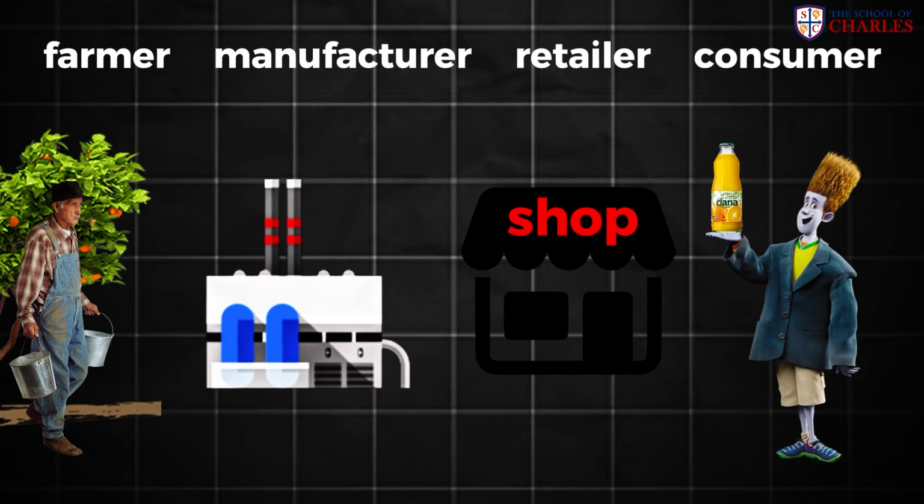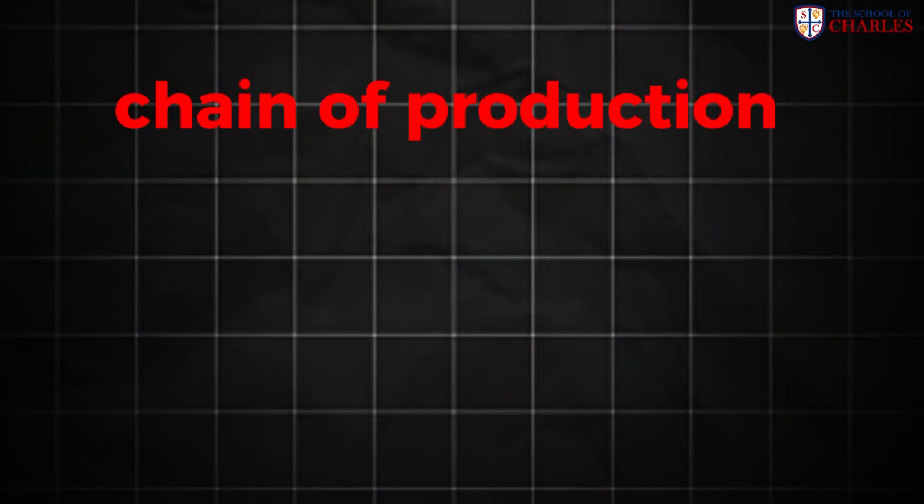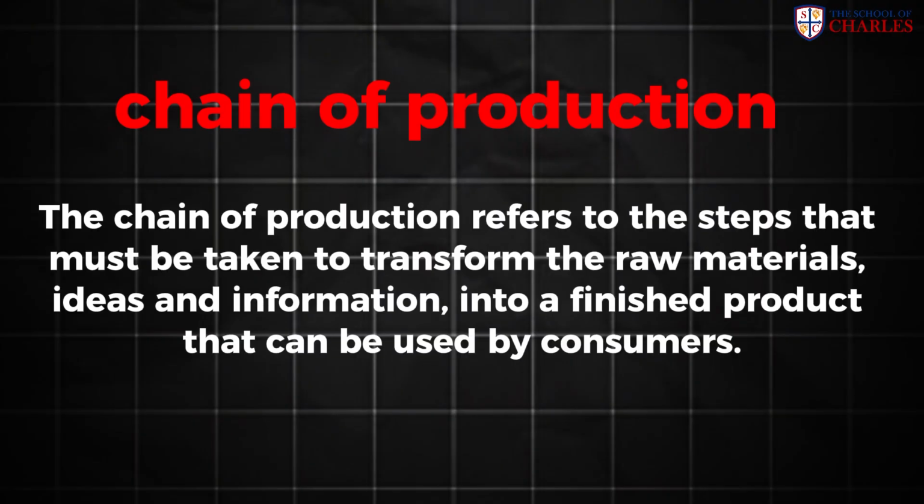From the start, you should be able to see that there are links between the production levels. These links show the chain of production. The chain of production refers to the steps that must be taken to transform the raw materials, ideas, and information into a finished product that can be used by consumers.